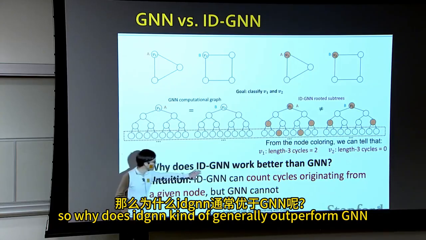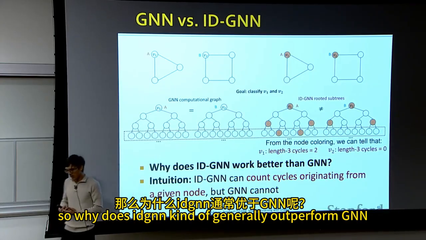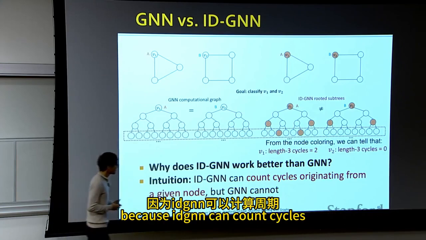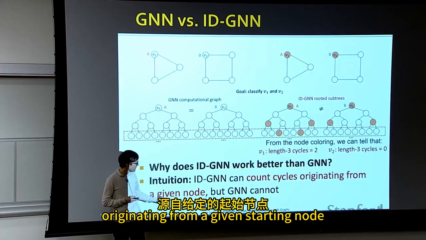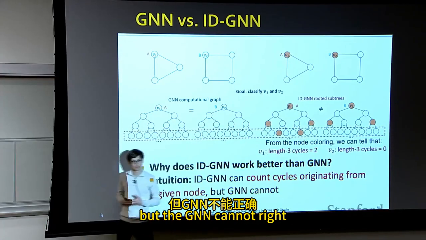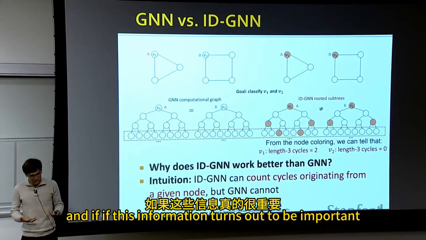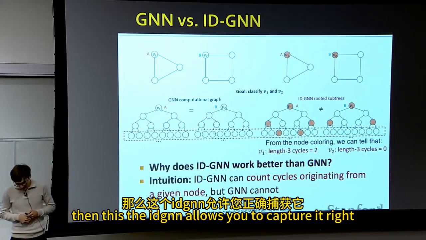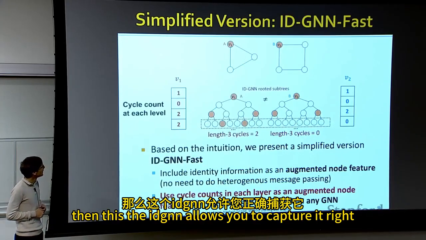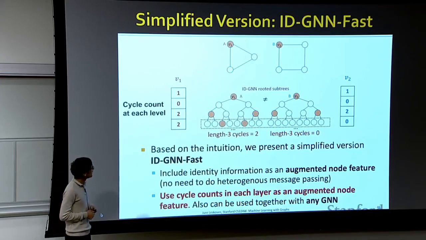So why does IDGNN generally outperform GNN? Because IDGNN can count cycles originating from a given starting node, but the GNN cannot, right? And if this information turns out to be important, then the IDGNN allows you to capture it, right?